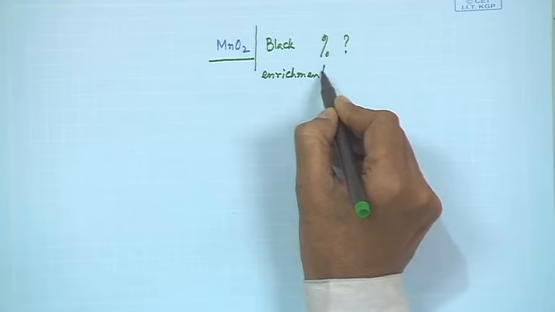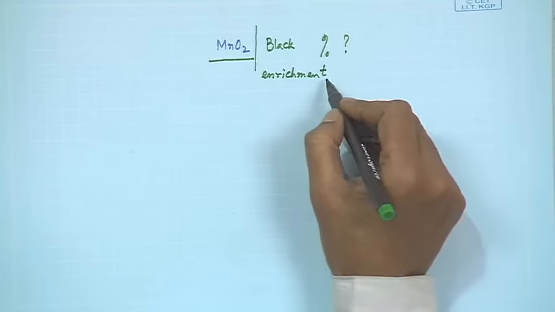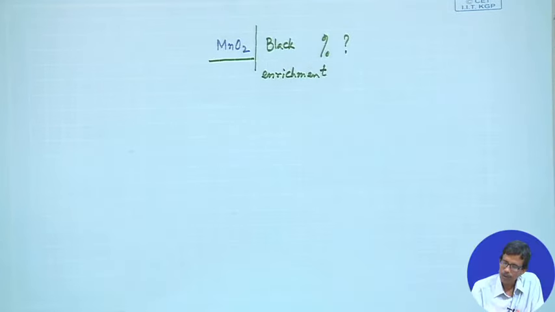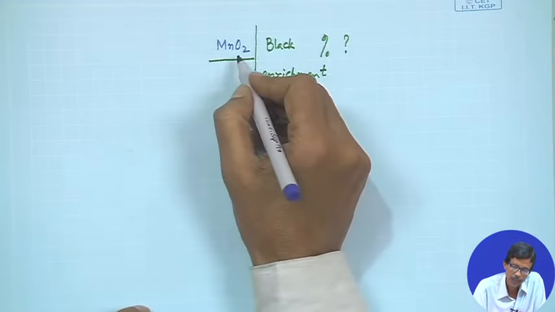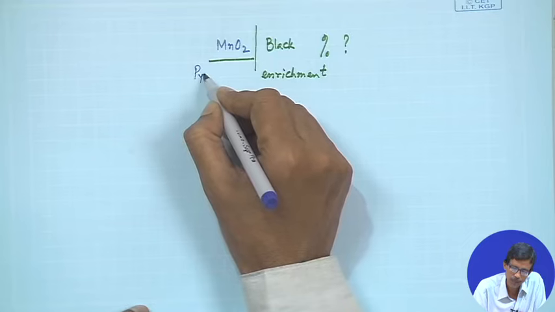That is the typical process. Enrichment means we want to increase the concentration of manganese dioxide in pyrolusite.